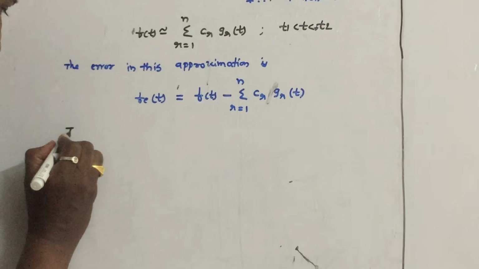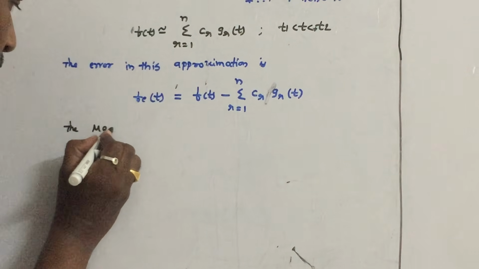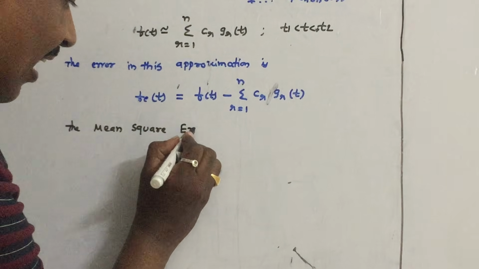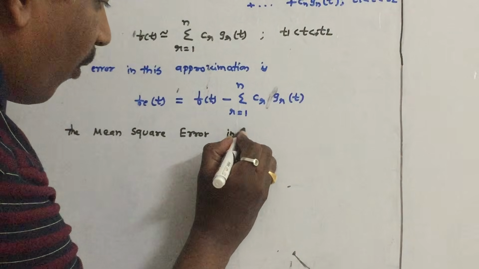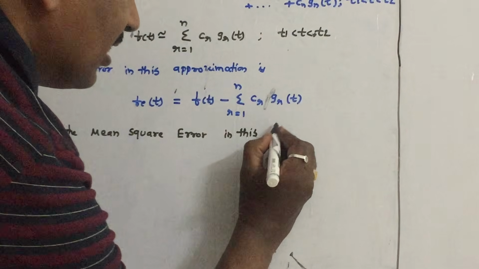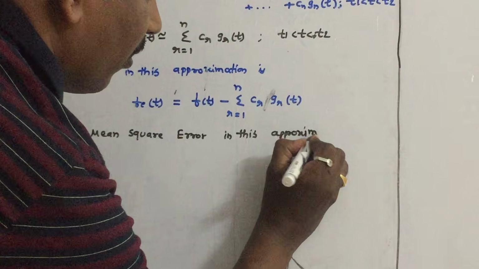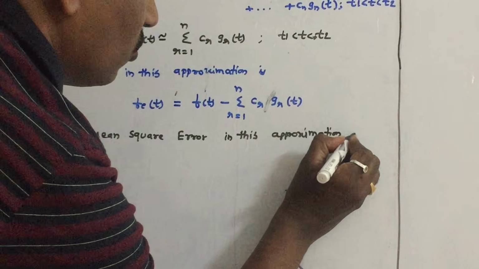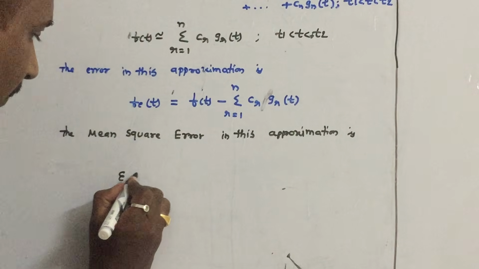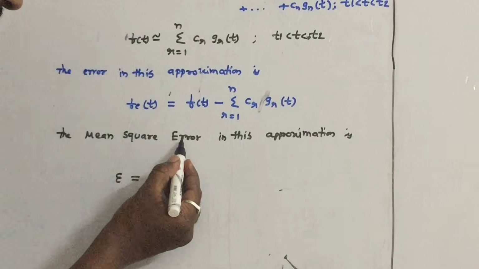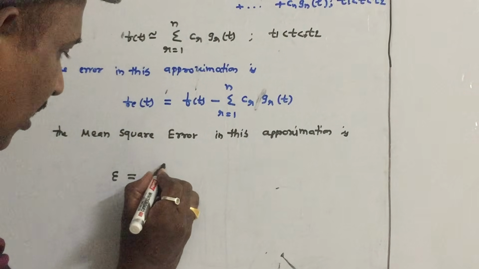So I write the expression for the mean square error. The mean square error in this approximation is represented with epsilon. As the name itself indicates, we have to square the error and take the mean.